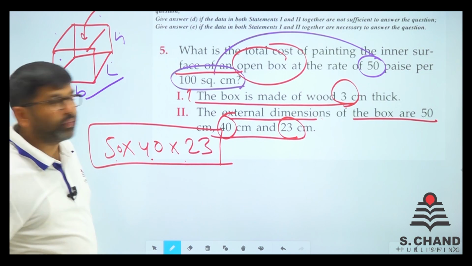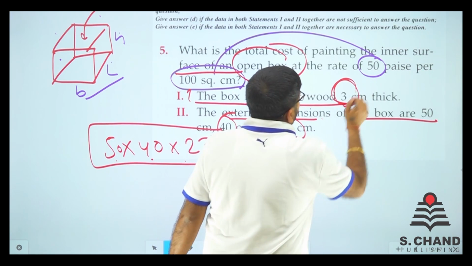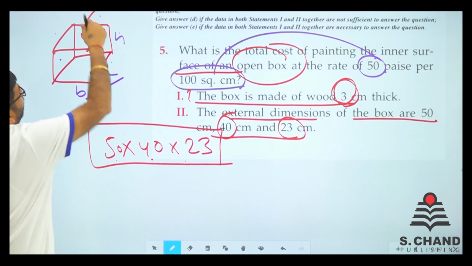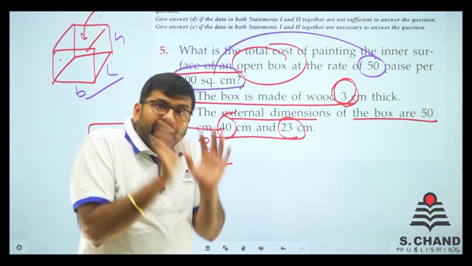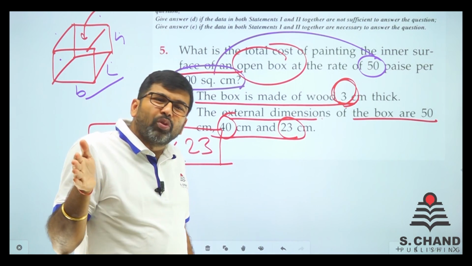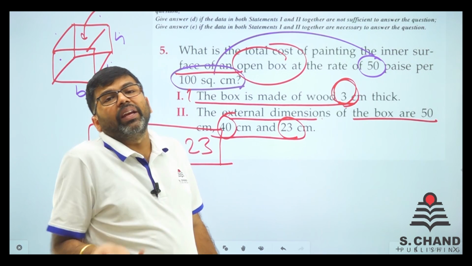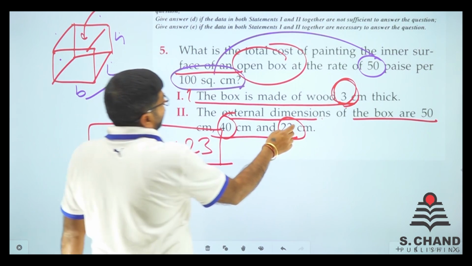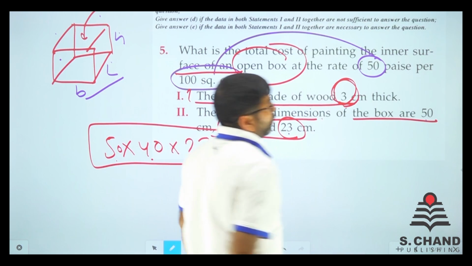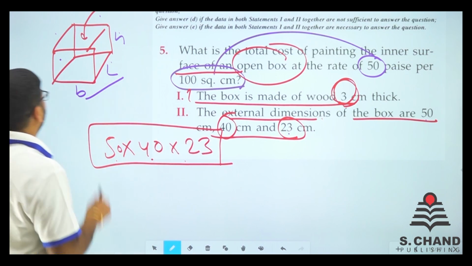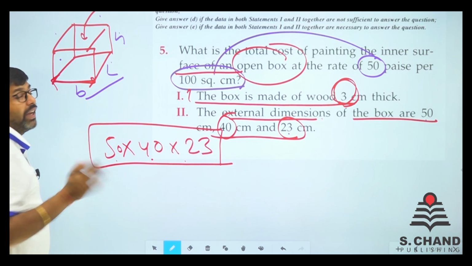We have got that. And the thickness is 3 centimeter. So when we are going to find out the innermost portion, we just need to subtract 3 centimeter each, sometimes 6 centimeters. Say for example, we need to find the inner breadth.